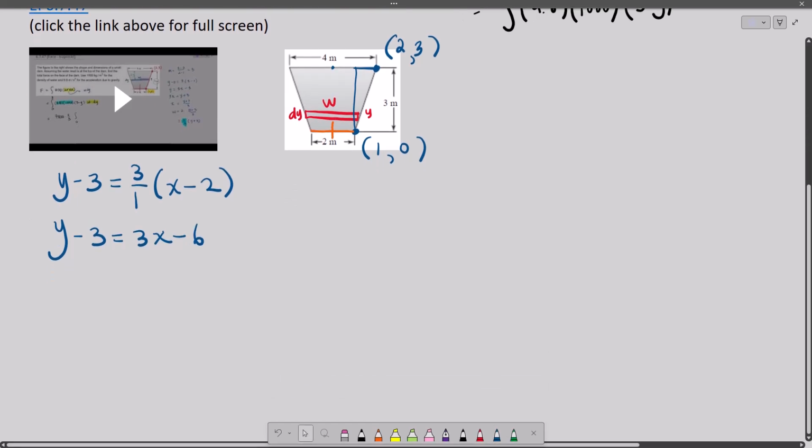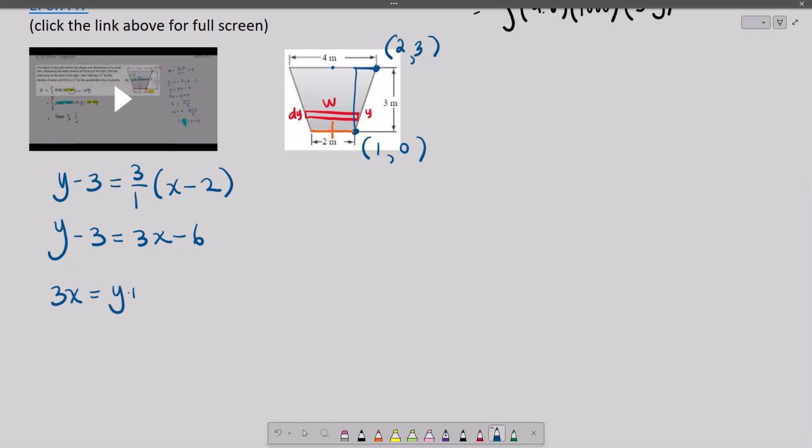We want to isolate x. So I'm going to isolate the 3x. I'm going to add 6 to both sides and get y plus 3. And divide by 3, we'll get a third times y plus 1. How do we get W from that? Double it. That x is measuring from the vertical axis to the right.